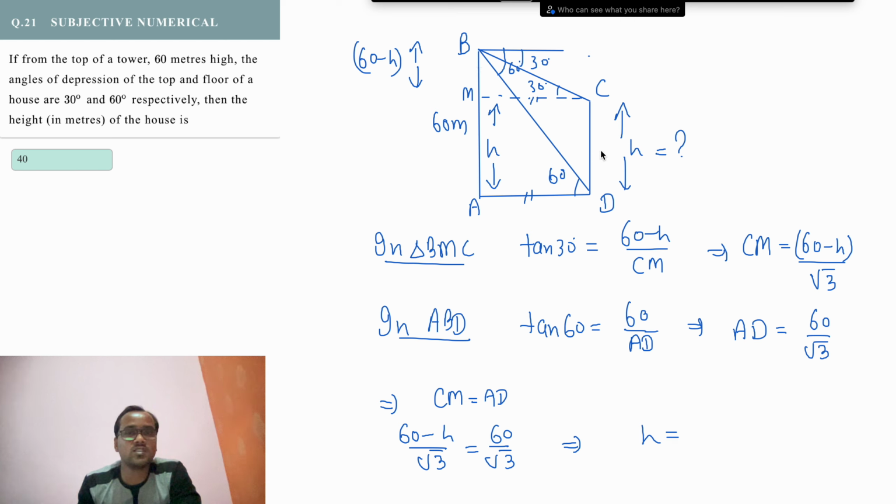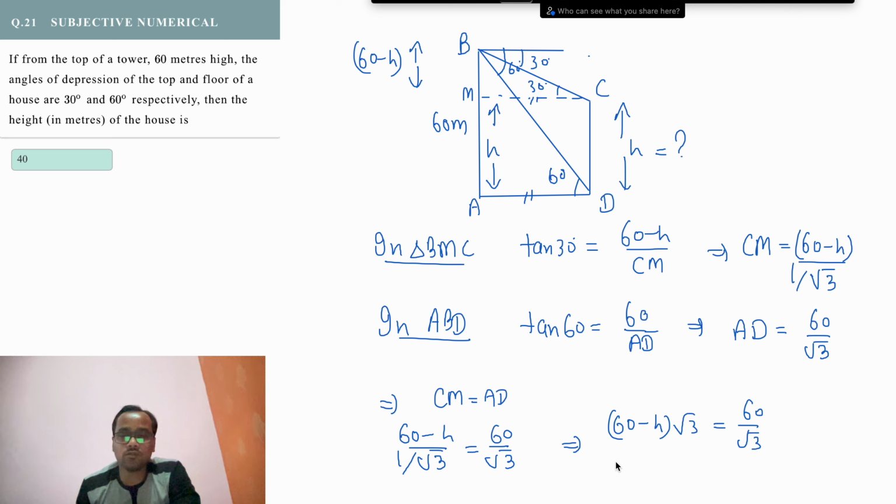AB is 60, CD is h we have taken, tan 30. Yeah, CM will be 60 minus h upon tan 30. So this will be 1 upon root 3 here. So from here you can get the value of h. So this will be 60 minus h into root 3 is equal to 60 upon root 3.